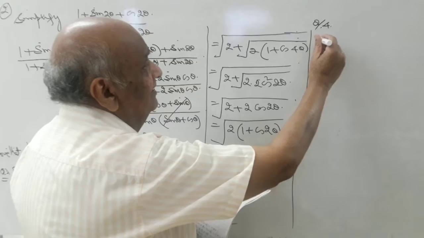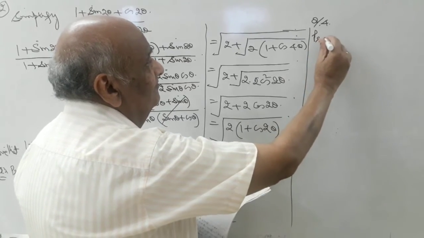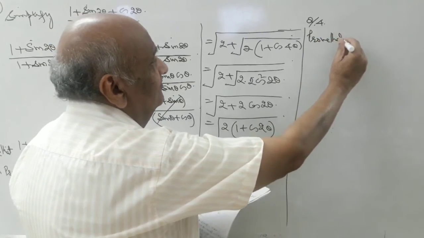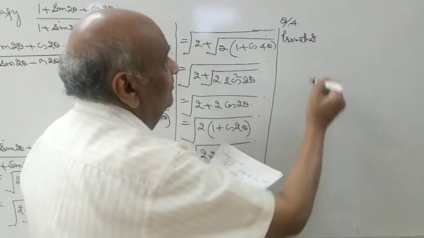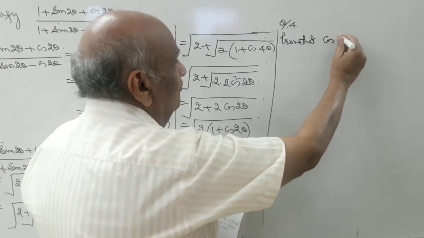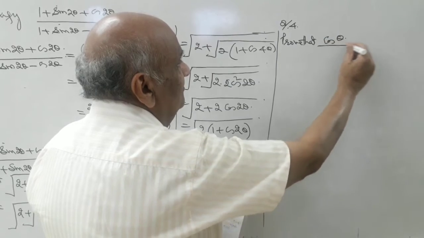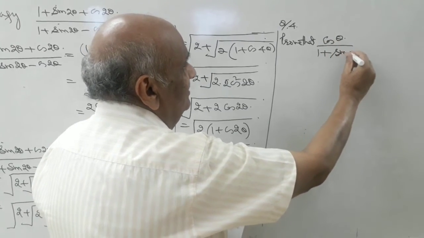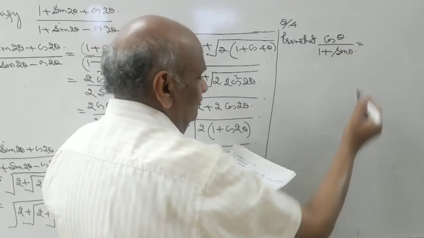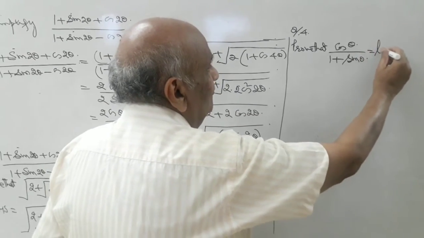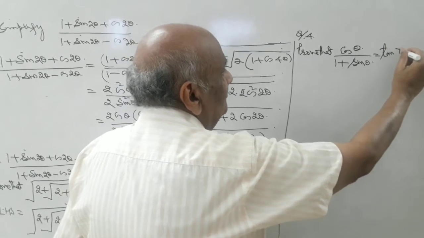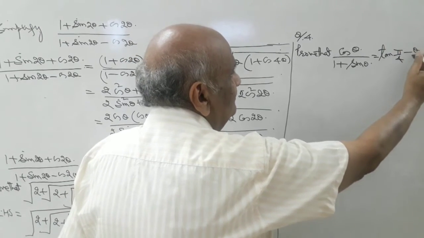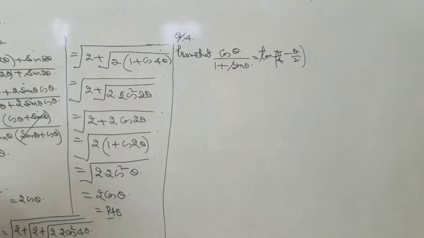He says prove that cos theta upon 1 plus sin theta is equal to tan of pi by 4 minus theta by 2.